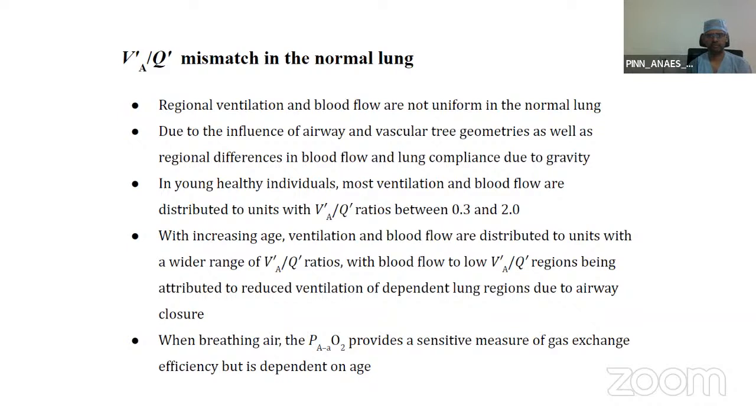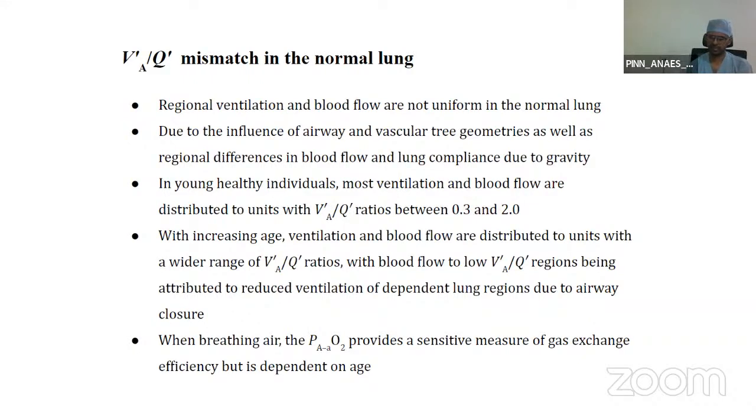In young, healthy individuals, most ventilation and blood flow are distributed to units with VQ ratios between 0.3 and 2. With increasing age, ventilation and blood flow are distributed to units with a wider range of VQ ratios, with blood flow to low VQ regions being attributed to reduced ventilation of dependent lung regions due to airway closure.